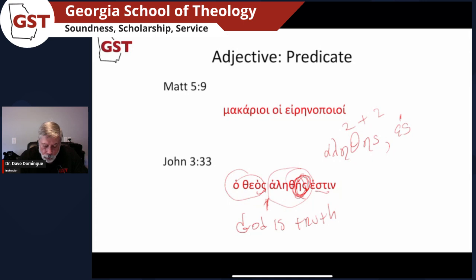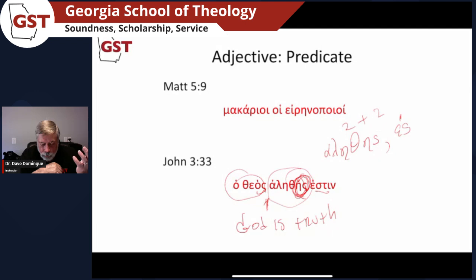The verb is estin, it's singular. But it's associated with a plural command to test the spirits, plural. And then ei is if they are from God. So it's not if they is from God, but if they are. Ei is if. They are is from the estin. Estin is singular, but we're going to translate it plural.